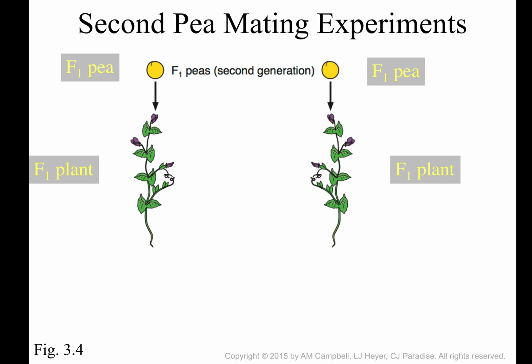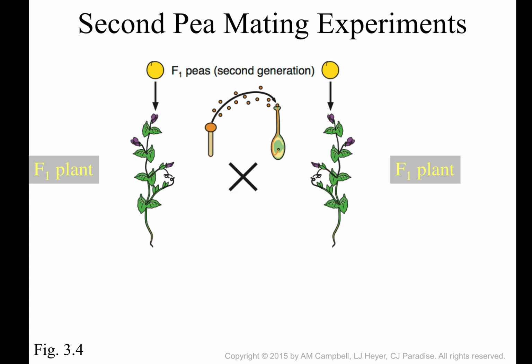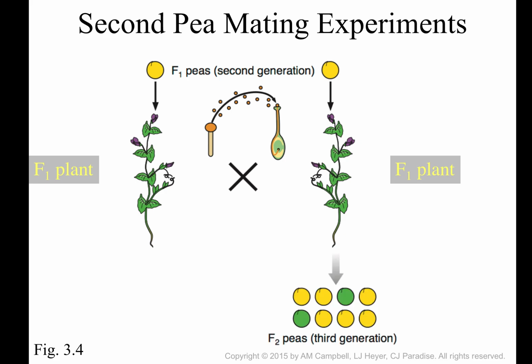Okay, we took those F1 peas, crossed them with each other, and he got peas called F2 peas. So this is after the parental generation, and then after the first generation, this is the F2 generation, the second filial generation.